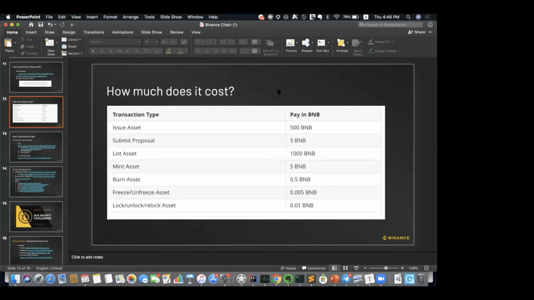For the Launchpad, we have a kind of lottery because many users want to access it. This is an initial exchange offering, so we have to select only a few. We create tickets, and every ticket has the right to purchase a specific amount of coins. If you hold, for example, 50 BNB, you have the right to claim one ticket, but it doesn't mean that you will have a winning ticket.